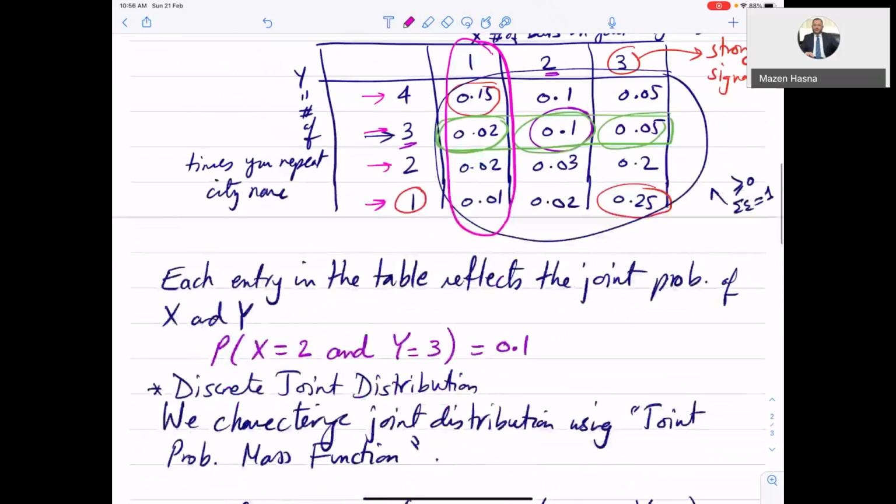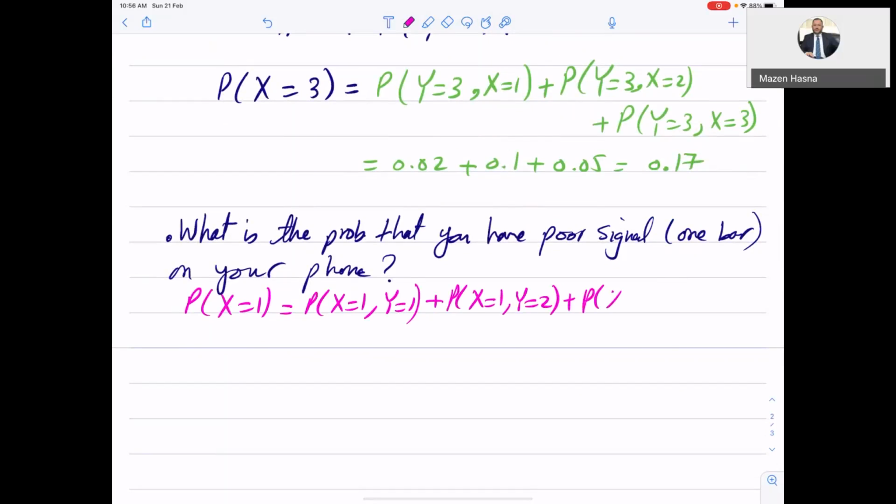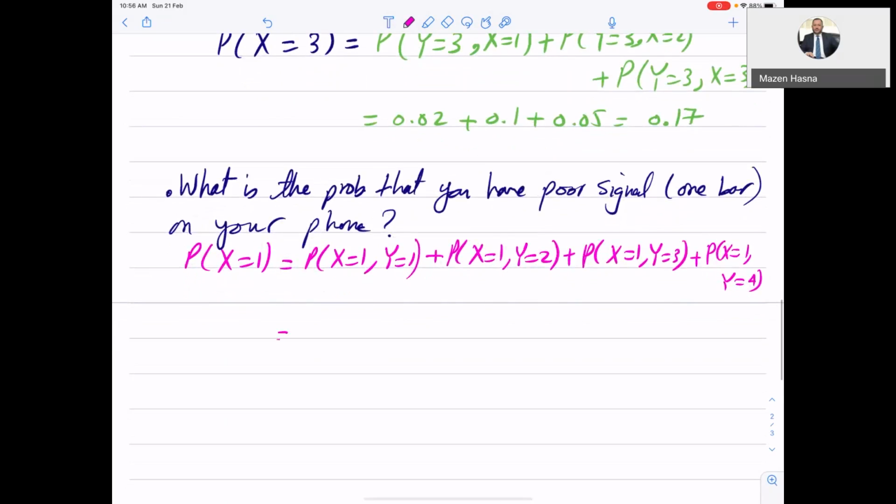So simply, probability of x equals 1 is probability of x equals 1 and y equals 1, plus probability of x equals 1, y equals 2, plus probability of x equals 1, y equals 3, plus probability of x equals 1 and y equals 4.